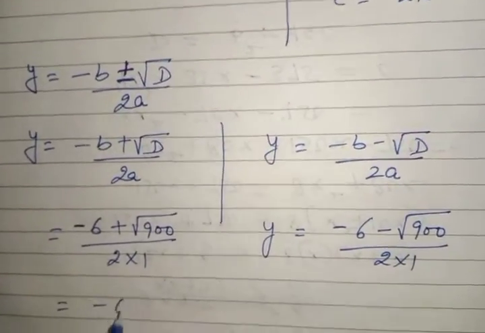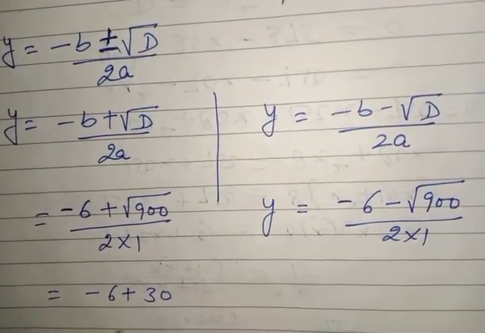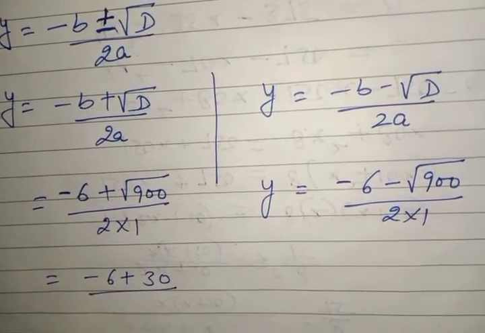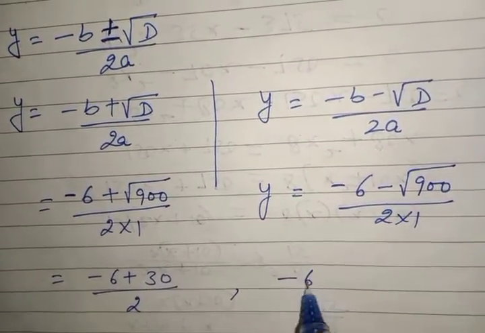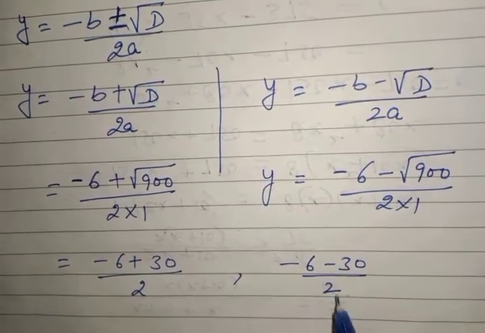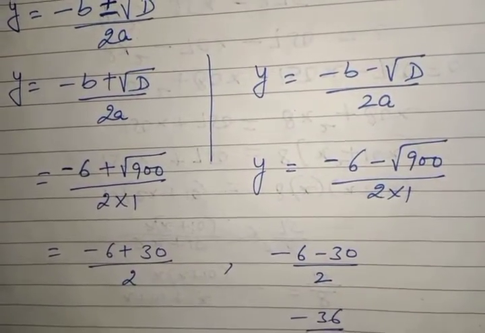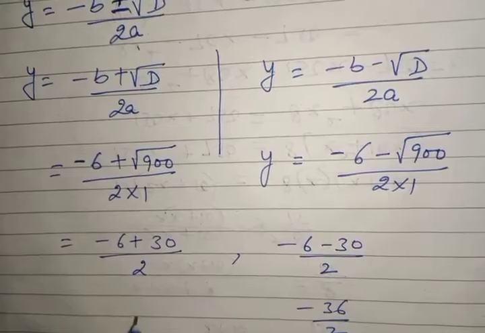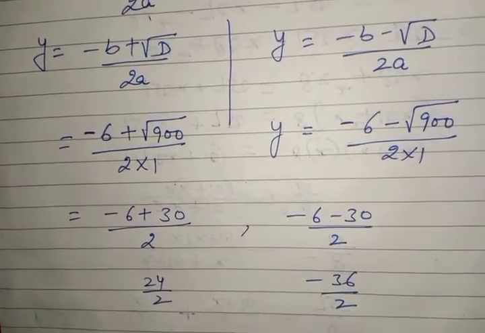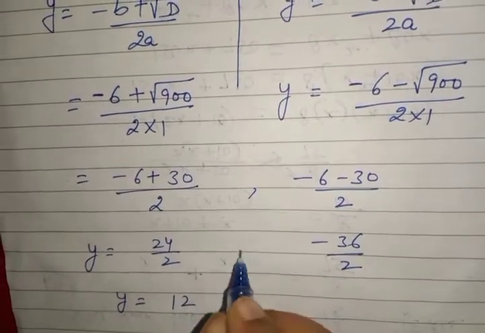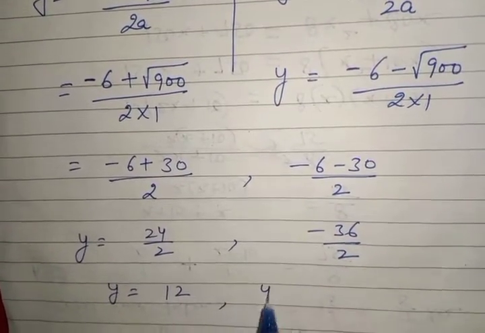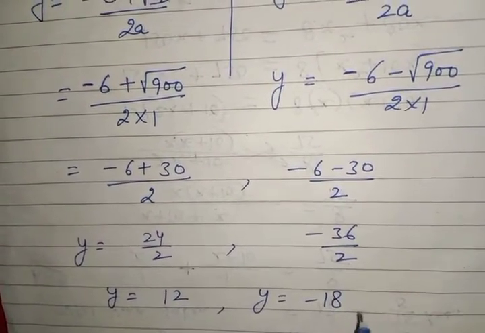This is equal to minus 6 plus 30, the square root of 900 is 30, upon 2, and the other value is minus 6 minus 30 upon 2. So this is 24 upon 2, and this value is minus 36 upon 2. So the final answer is y is equal to 12 and y is equal to minus 18.